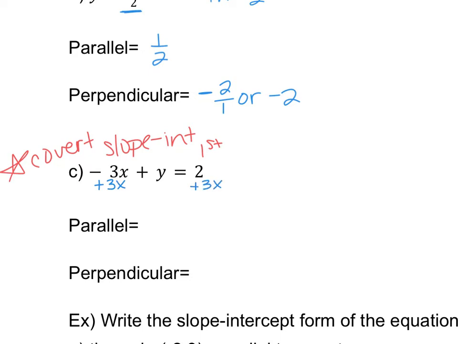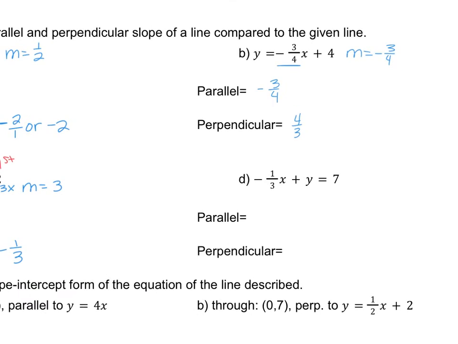Then I have y equals 3x plus 2. Now we know the slope of it. The slope of this line is 3, so the parallel slope would also be 3. The perpendicular slope would be -1/3, because you flip it to its reciprocal and do the negative.